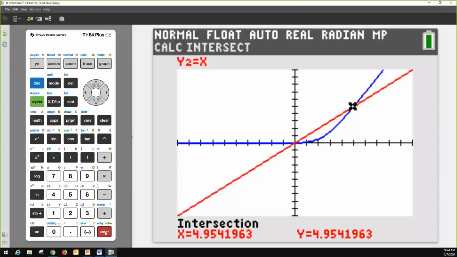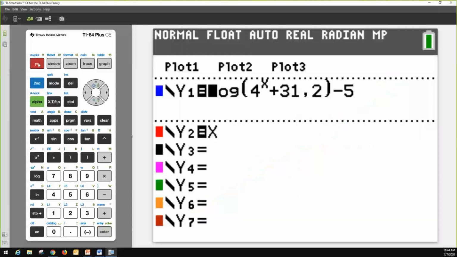We can also make sense of this solution, by the way, because if I have a look back at the equation, 4 to the power of x plus 31, as x increases, 4 to the power of 5 is a fairly big number, and if I add 31 to that, it's not going to make much difference to my answer. So really what I'm left with here is the log of something, let's say 4 to the power of x, and just ignore the 31.